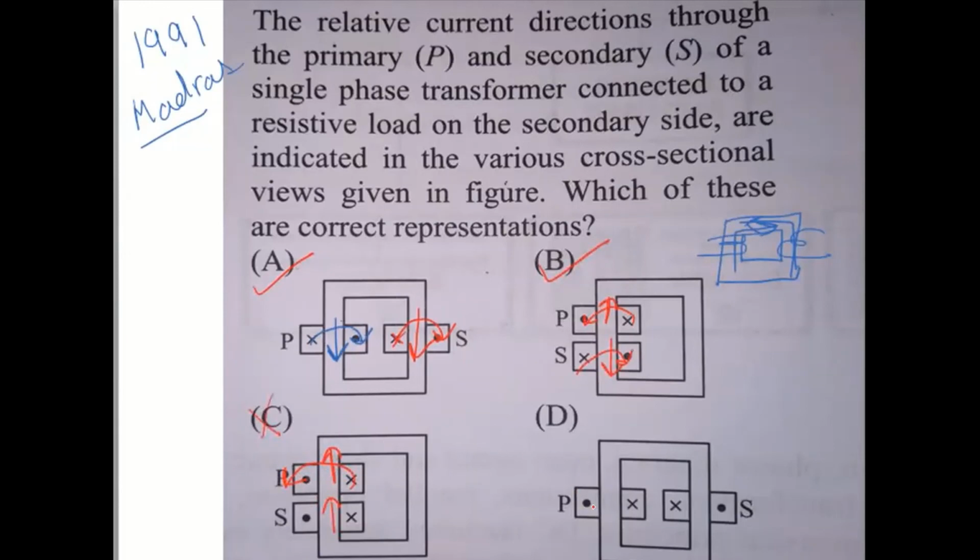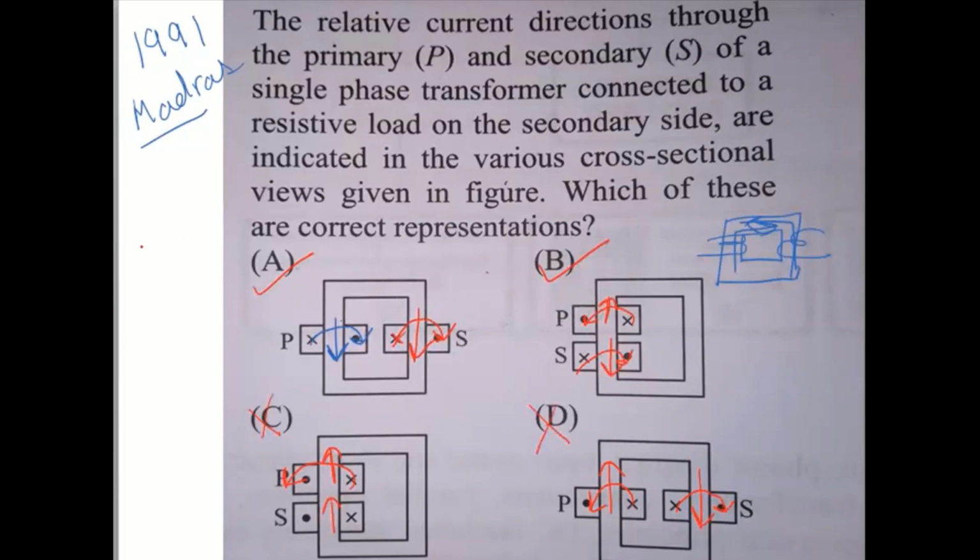If we see D, the current is going from inside here and coming outside of this, and applying the right hand thumb rule the flux direction would be like this. For the secondary, the current is going inside here and coming out here, so the flux would be in this direction. Both fluxes are aligning with each other, so this is also not the correct one.